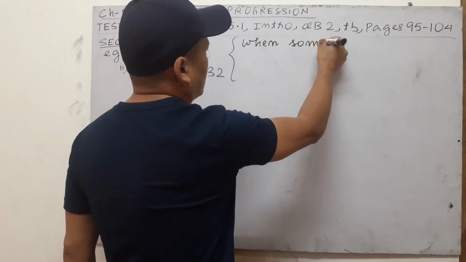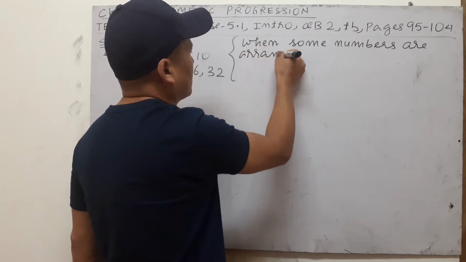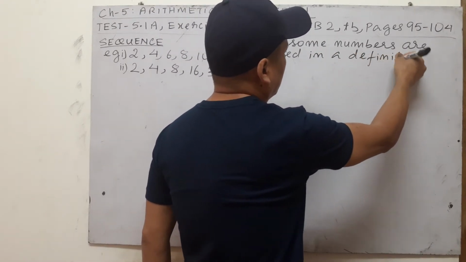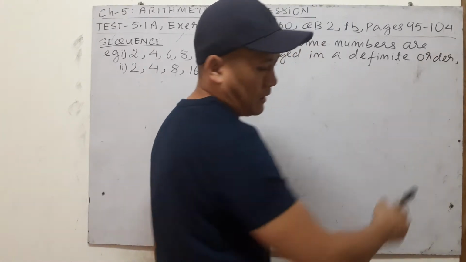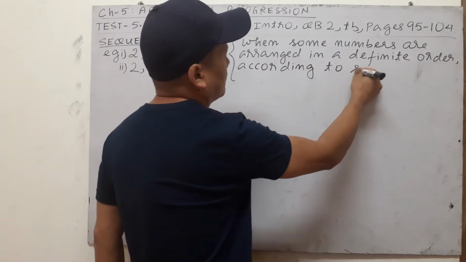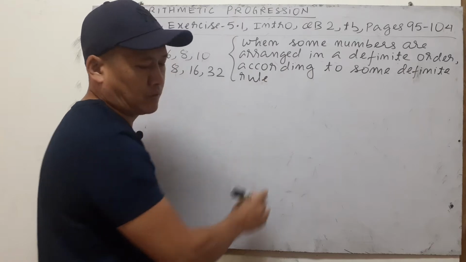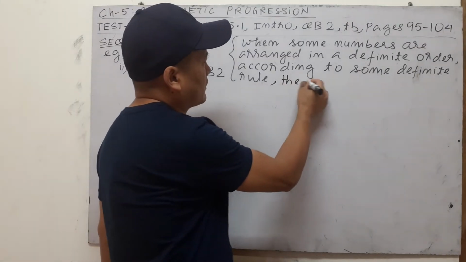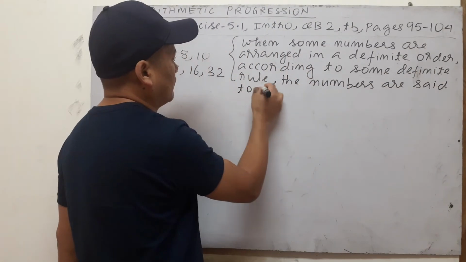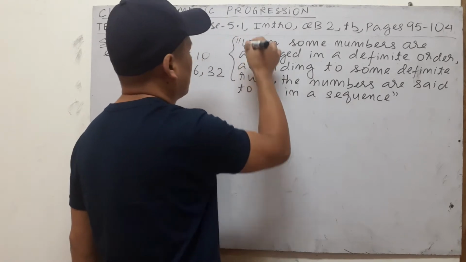When some numbers are arranged in a definite order, according to some definite rule, the numbers are said to be in a sequence. So that is your definition for a sequence.